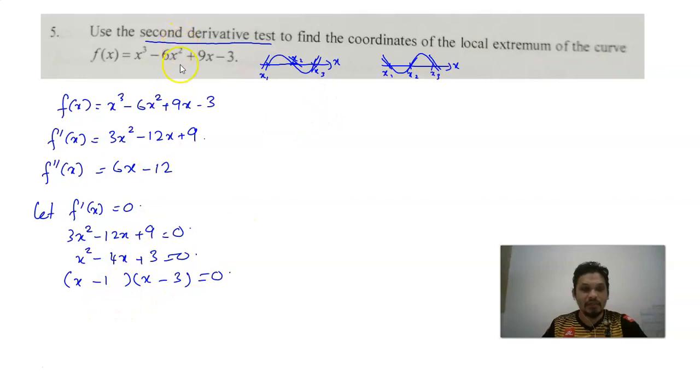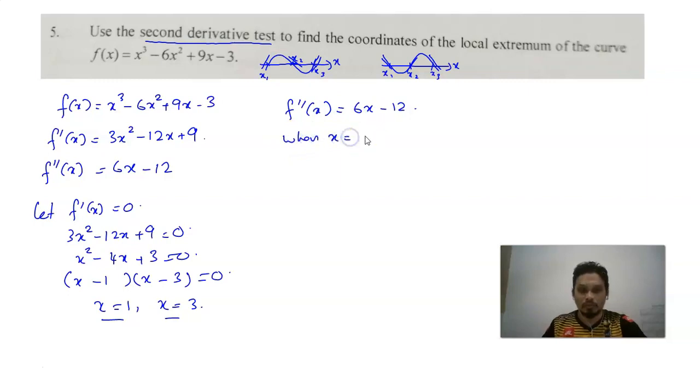Meaning, use the second derivative test. We substitute the value of x equal to 1 and x equal to 3. Substitute these two into the function of f double prime. f double prime x equal to 6x minus 12.